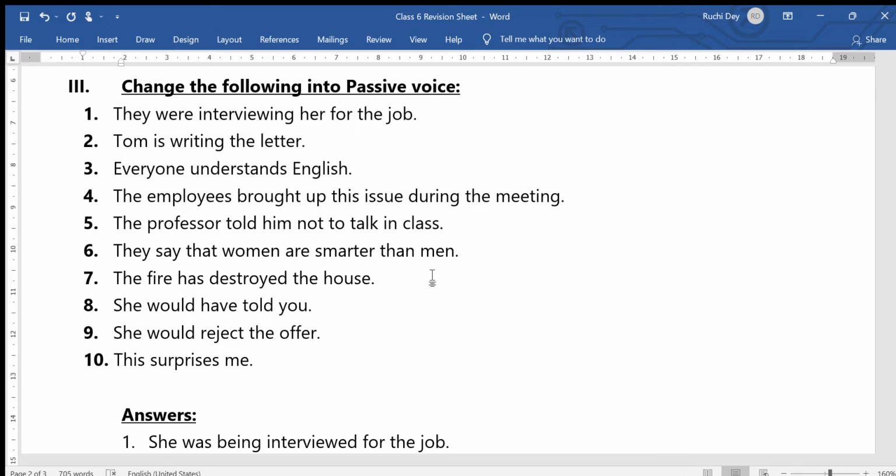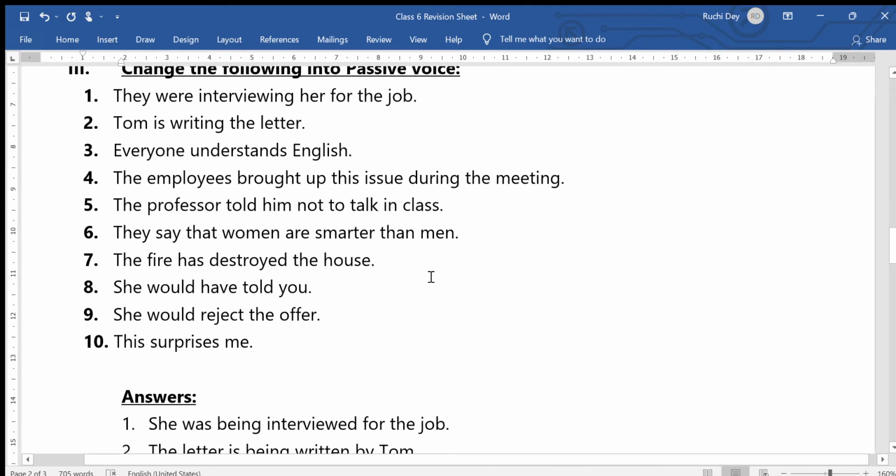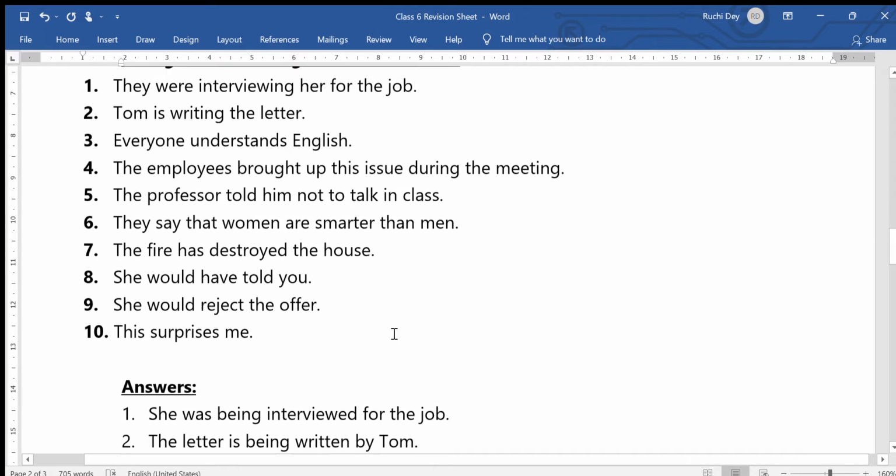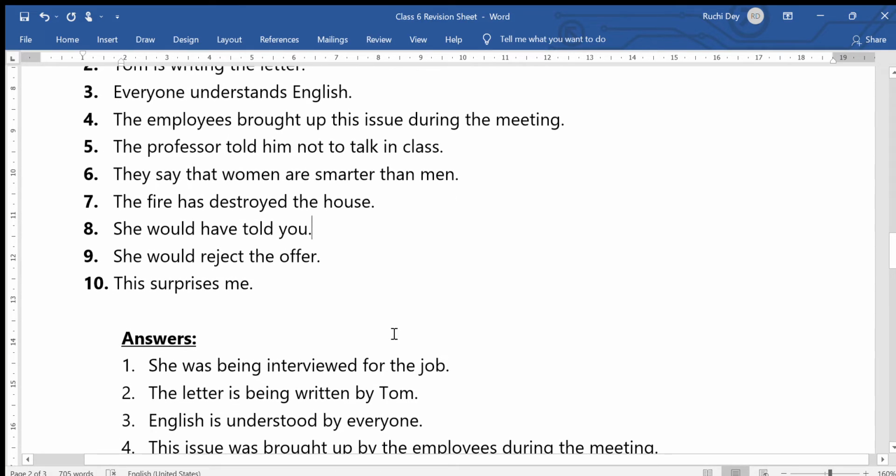They changes to them. Tom is writing a letter. Very simple. Tom is writing the letter. So be very careful not to write a letter. So the letter is being written by Tom. Everyone understands English. English is understood by everyone.